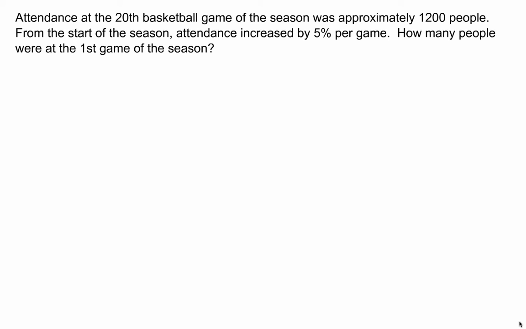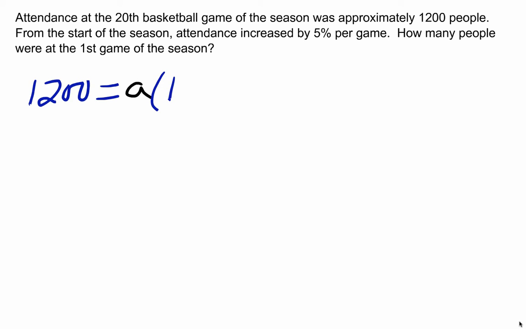Alright, so we know at the 20th one, that's our final amount. So we had 1,200 people. What we don't know is the initial amount, because that's what we're trying to find out, the starting amount. That's what the A represents.